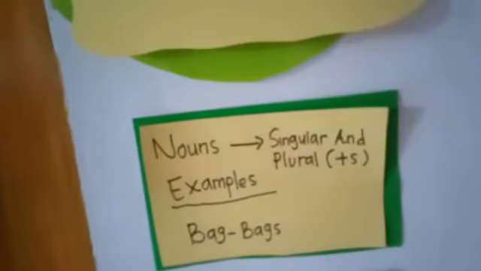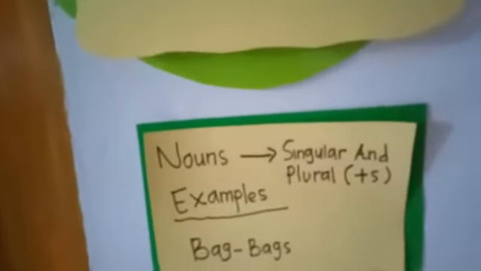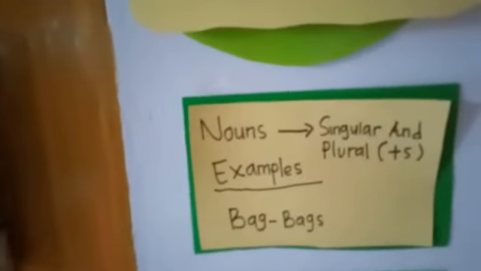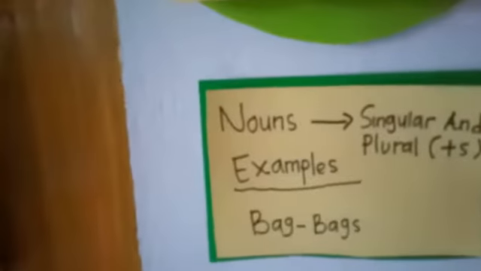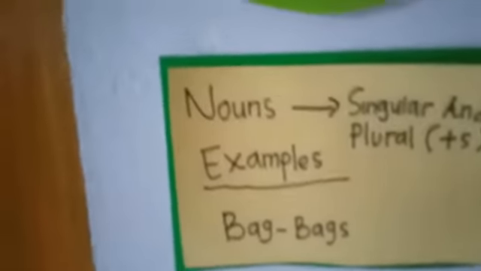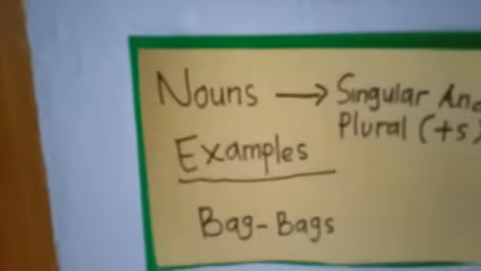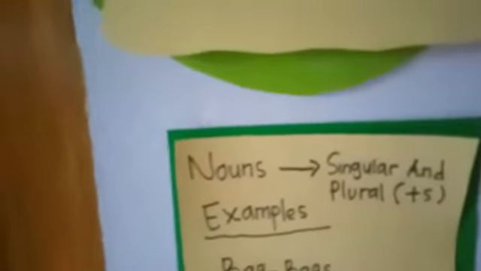Such as noun: as we know, in noun there are singular and plural forms, that is plus s. Example, back and backs. The singular and plural rules are related to inflection.